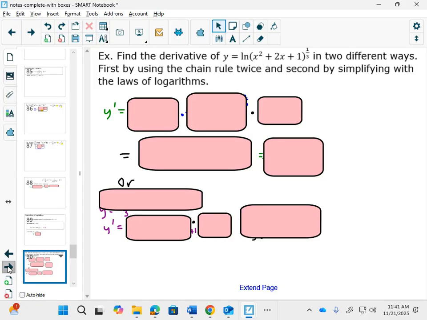So we're going to figure out the derivative of this two different ways. Once, by using the chain rule twice, and secondly, by using our log laws to hopefully make it easier. And see which one you like better.